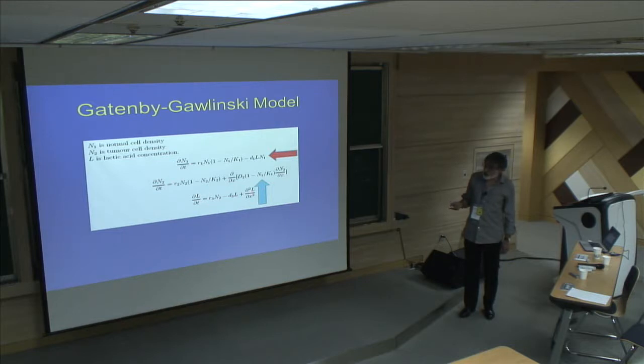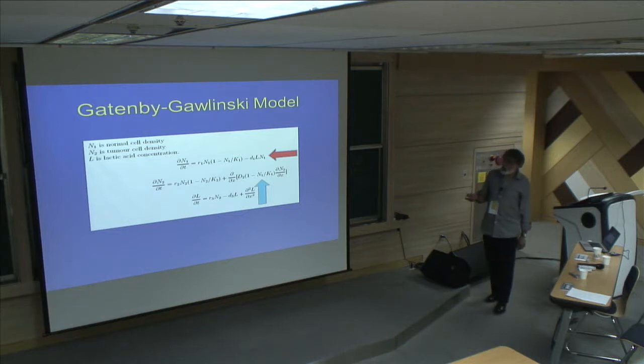Lactic acid diffuses and degrades, and the lactic acid kills the normal cells, which are also growing logistically but are not moving. So that's all realistic. And the idea is that the tumor cells move when the normal cells go below confluence.